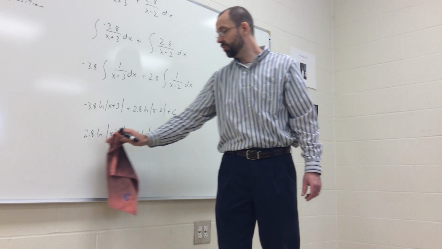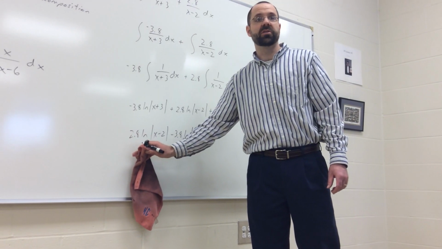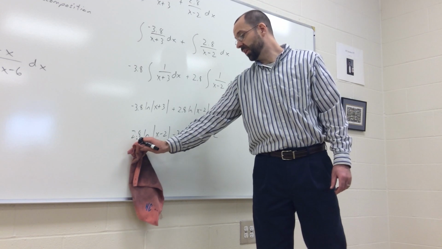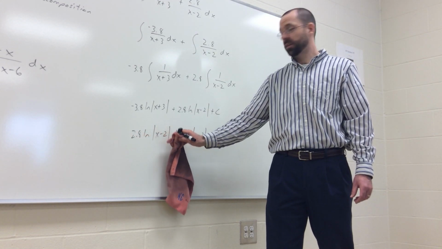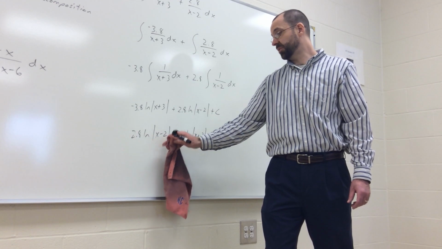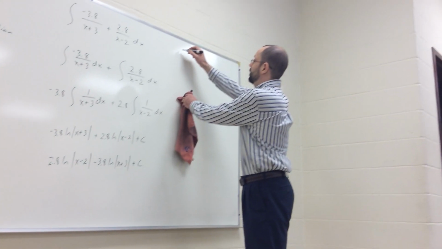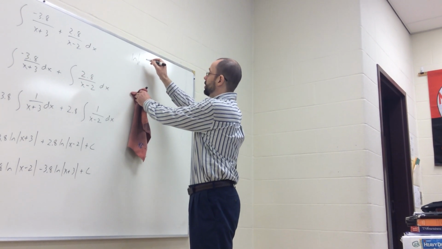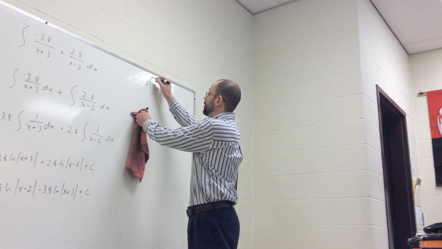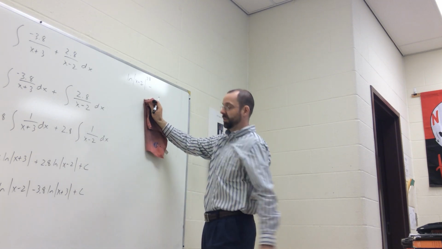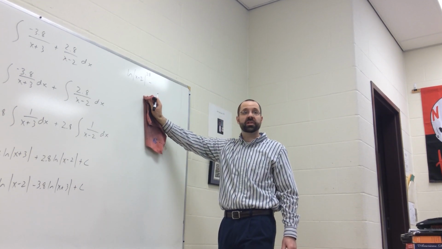Okay, then what can you do with any number in front of a logarithm? It can be an exponent inside. So this is the natural log of x minus 2 to the 2.8 power. And then the next one is the natural log of x plus 3 to the 3.8 power.